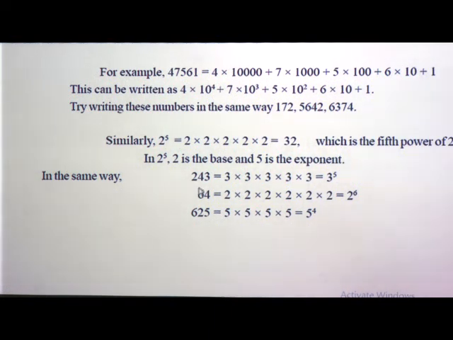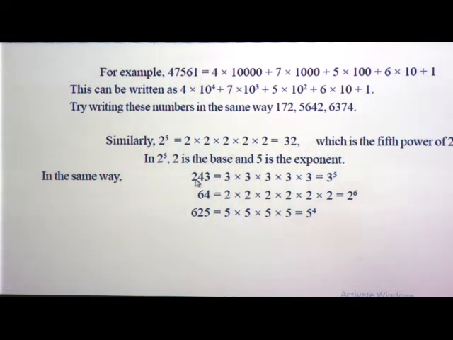Similarly, in another example, 243 is equal to 3 multiplied by 3 multiplied by 3 multiplied by 3 multiplied by 3, which is nothing but 3 raised to power 5. So, how to find this?